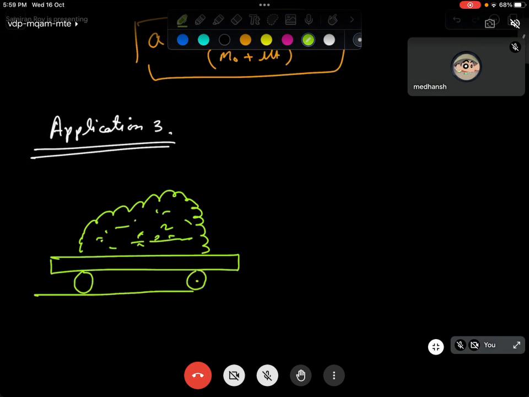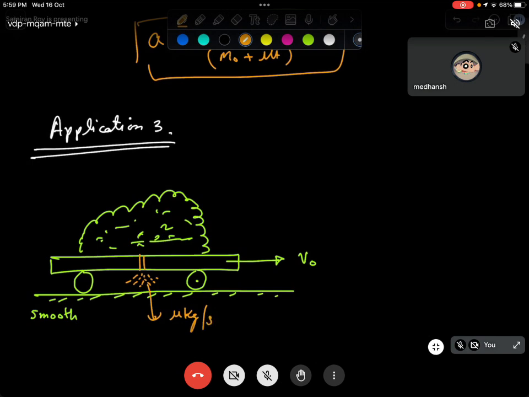Moving on a smooth surface with initial velocity v naught. But the problem is there is a hole in this cart. So sand is falling from the cart. So this is mu kg per second. Good question.